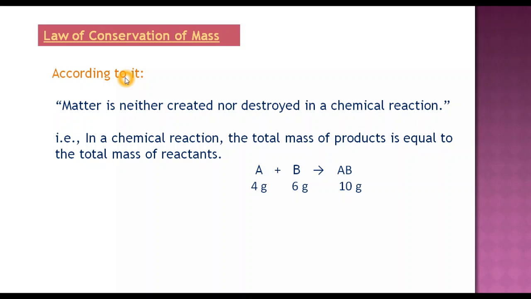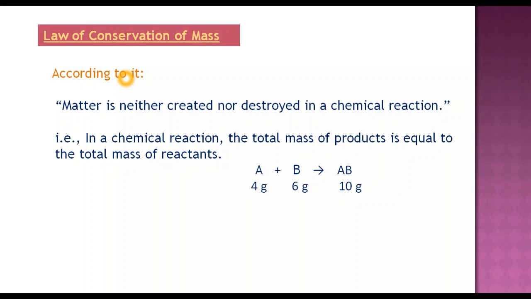What happened in the 18th century is that scientists noticed that if they carried out a chemical reaction in a closed container, then there was no change of mass. And this preservation of mass in a chemical reaction led to the formulation of the law of conservation of mass. This law was given by Lavoisier in 1774.